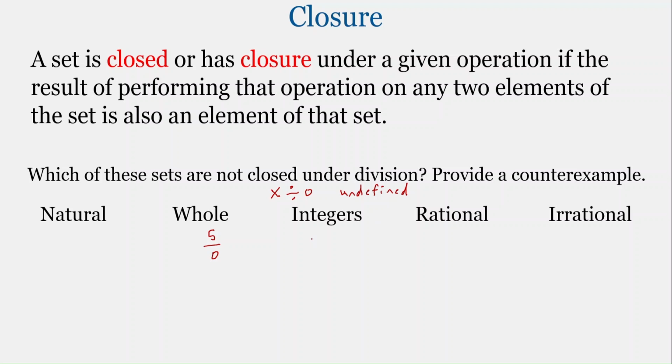If we look at an integer, we can say negative 5 over 0. That's also undefined. And for a rational number, we'll talk about complex fractions in the next lesson, but we could have something like 1/2 all divided by 0. Again, division by 0 is undefined. So all three of these are not closed.